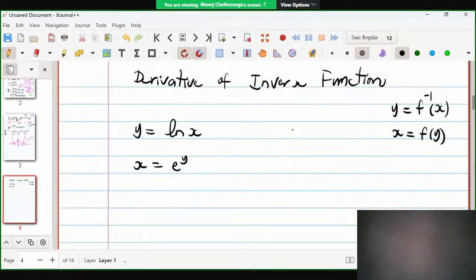Using the derivative of the exponential function, we can differentiate this second relation. Let's take it and differentiate it. The derivative of x with respect to x is 1. Then think about this other part, e to the power of y.